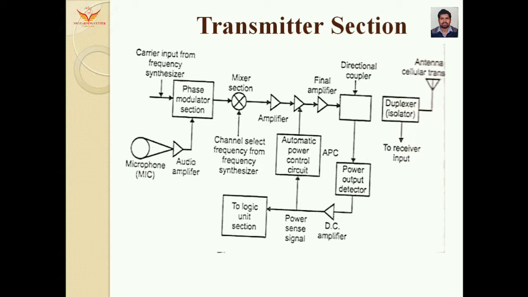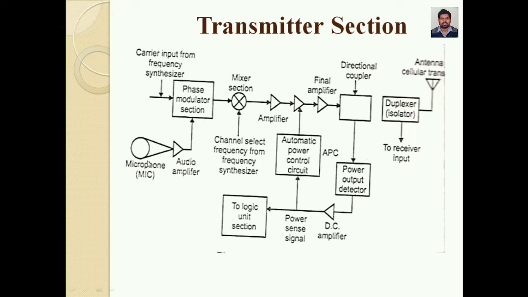Now we start with the working of the transmitter section. This is a carrier input which is coming from the frequency synthesizer. It is an input to the phase modulator section, along with the amplified voice signal.